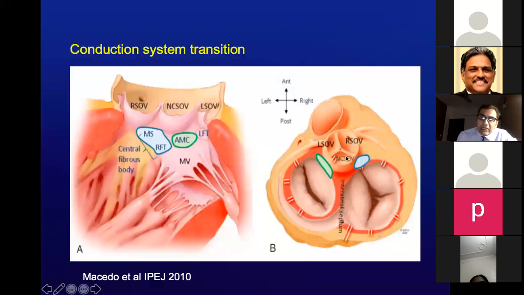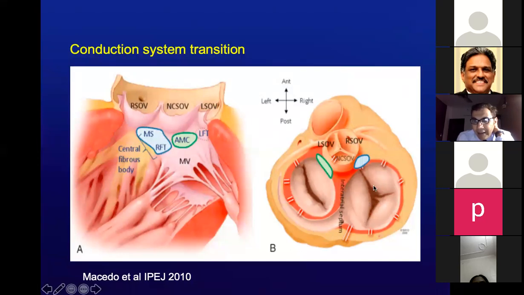This is a cut section through the heart where you've removed the atria. You are looking at the heart from above. So you can see the tricuspid annulus, the mitral annulus. And I'd like to bring your attention to the junction between the anterior leaflet of the tricuspid valve and the septal leaflet of the tricuspid valve.